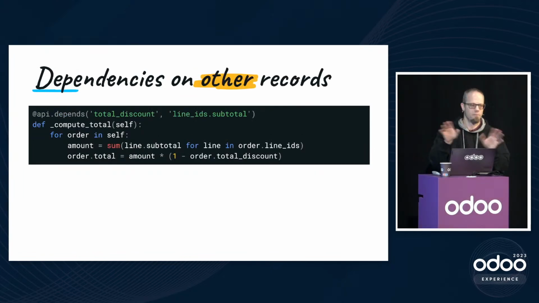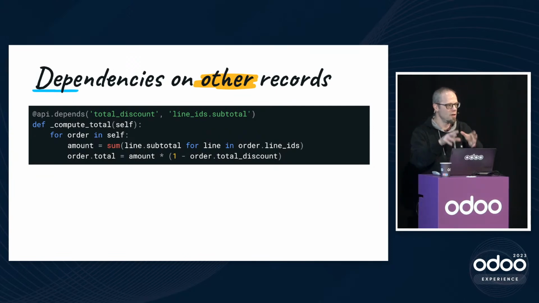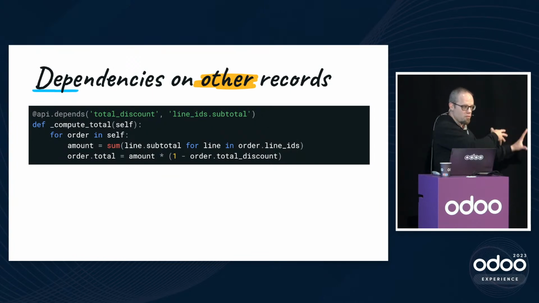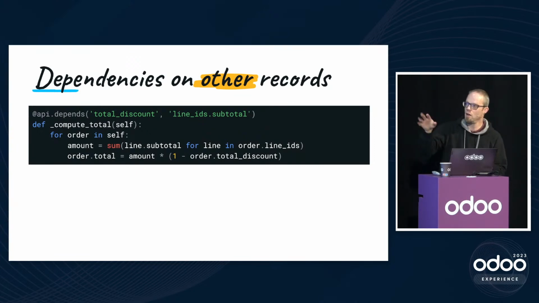You can play a lot with the dependencies, so you can have a field that depends on data that are accessible through various relations in the database. So for instance, here I'm writing the total on something that looks like a sales order on which I apply a global discount. Well, you write it like you would write it in plain Python.